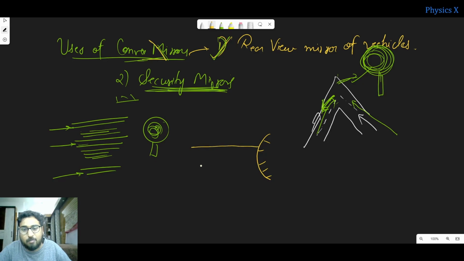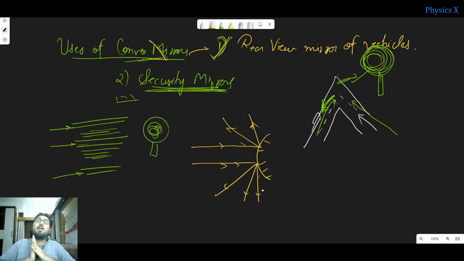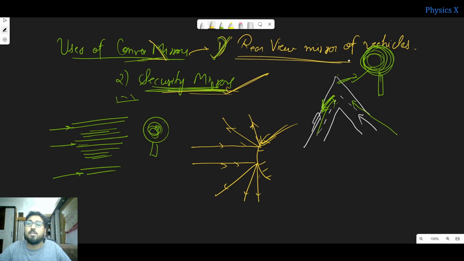Whenever rays come to this mirror, it will diverge them. So if you want light to be scattered all around, then we can use a convex mirror. Majorly it is used in security mirrors, parking mirrors, traffic mirrors, or the rear view mirror of vehicles.